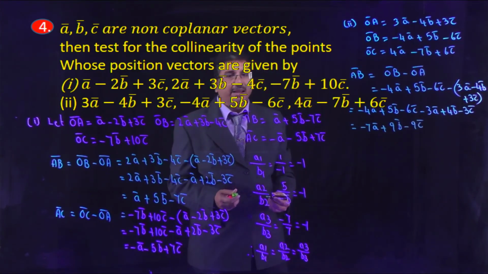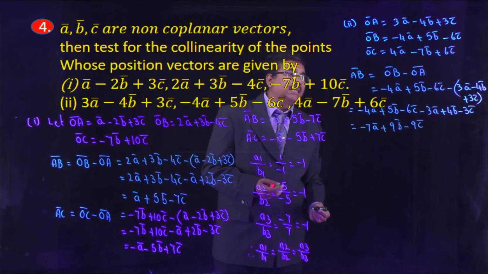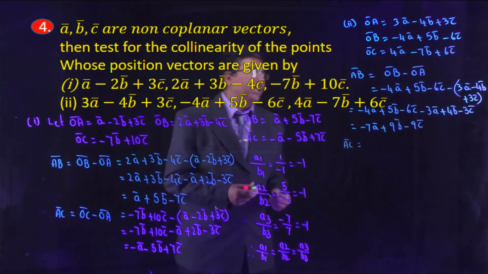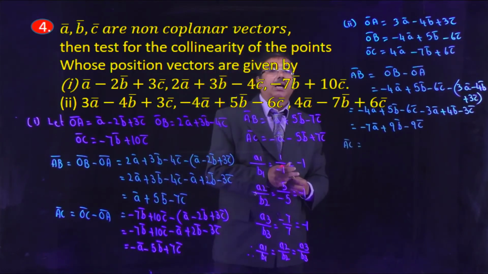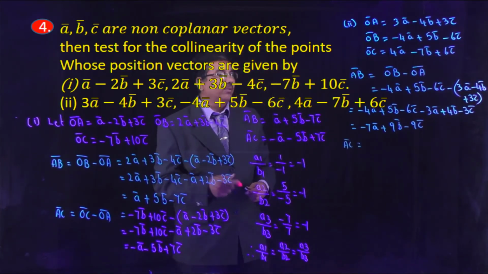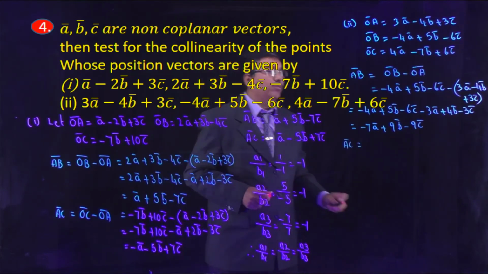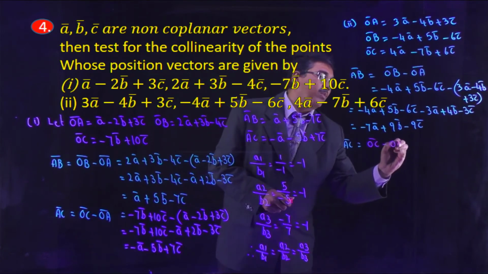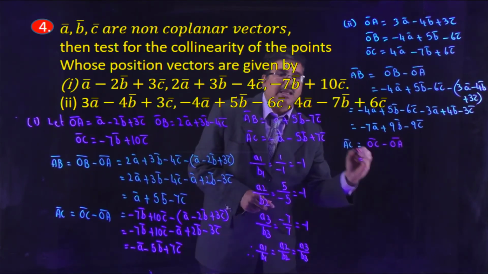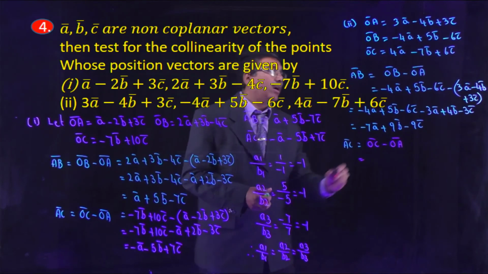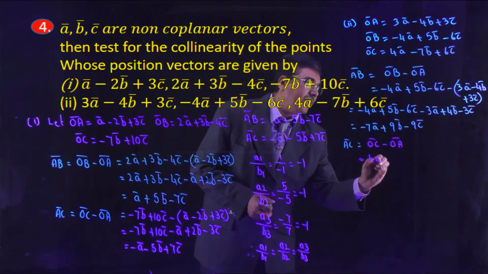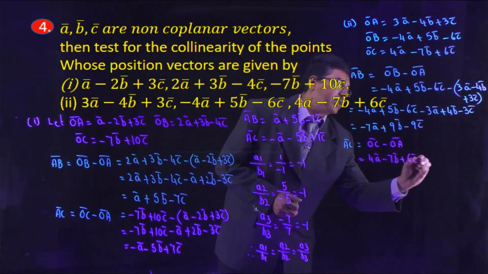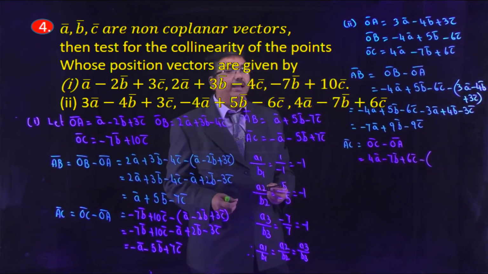This is AB bar. Now AC bar is equal to position vector of C minus position vector of A. AC bar is equal to OC bar minus OA bar. OC bar is equal to 4A bar minus 7B bar plus 6C bar minus OA bar.